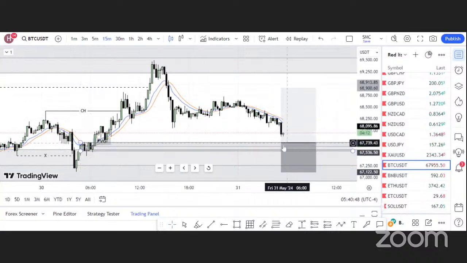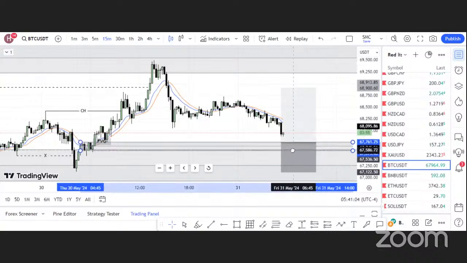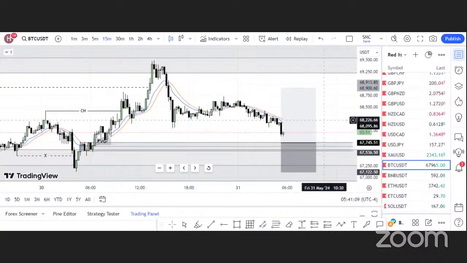So now we just need to wait for the market to get to this point, and let's see if we're going to get a rejection. Once we get a rejection, we are opening a buy position on BTC USDT.